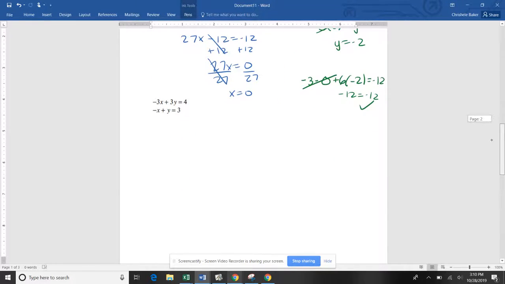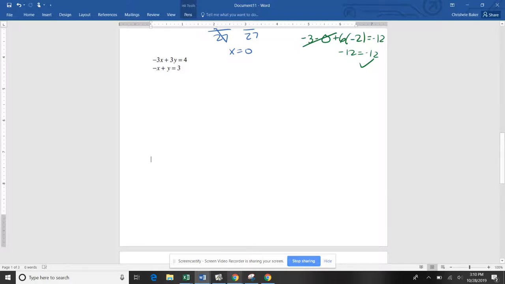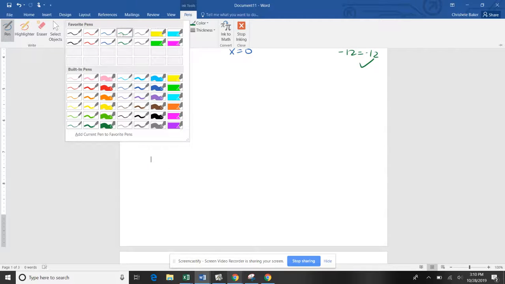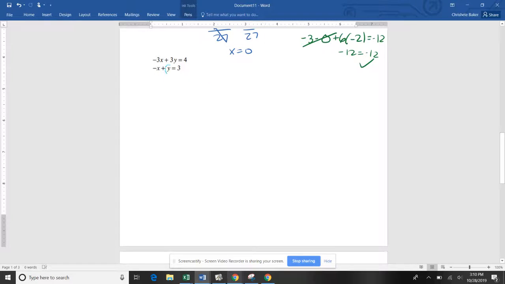All right, I've got 2 more for you. On this next one, I think this y is what I'm going to get alone just because it's positive and this x is negative. So I don't want to be left with a negative x. I want to be left with a positive.